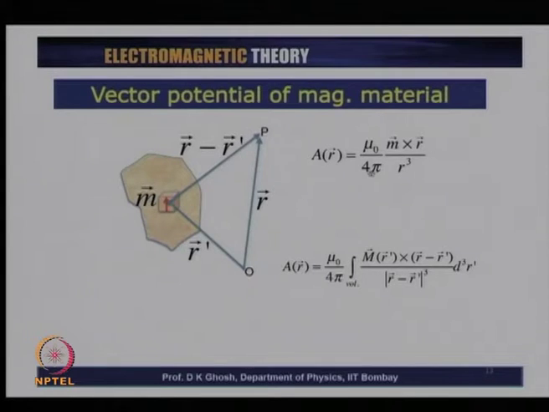Now, recall that for a magnetic moment m, the vector potential at a position r taken from the position of the magnetic moment, the tiny dipole, is given by mu 0 by 4 pi, m cross r by r cube. This is the expression which we had derived some time back on the vector potential of a magnetic dipole. Now, what we have is a collection of magnetic dipoles.